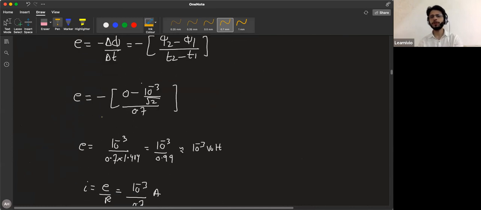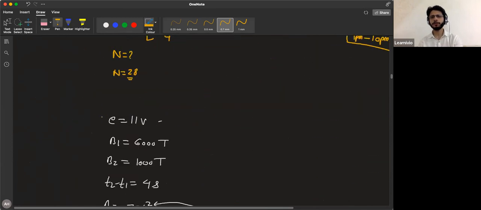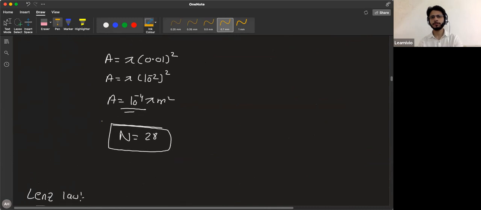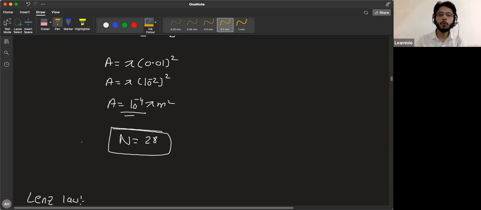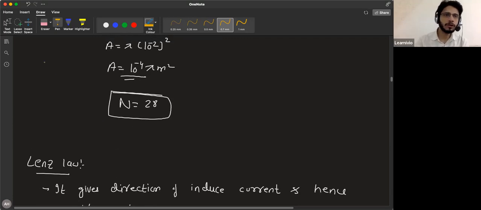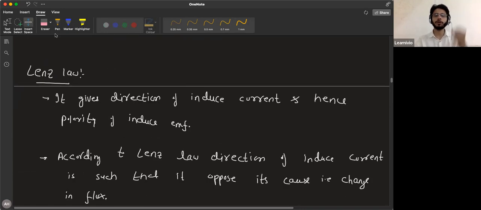What is the cause of induced EMF, Yashika? Sir, change in magnetic flux. Change in magnetic flux. So Lenz's law says the induced EMF will oppose its cause. How does flux change?